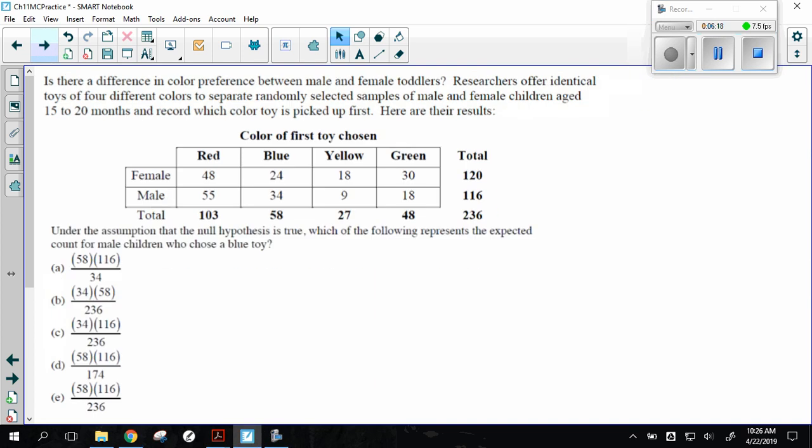All right, moving right along. Same scenario. Under the assumption that the null hypothesis is true, which of the following represents the expected count for male children who chose a blue toy? So remember, from back in the day, we haven't touched on this a lot because we've been having the calculator give us a value.